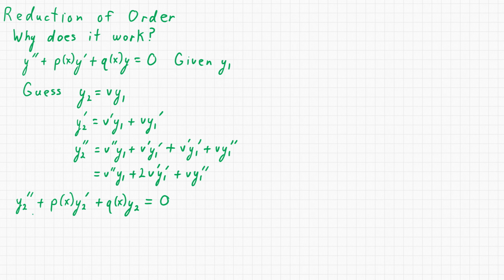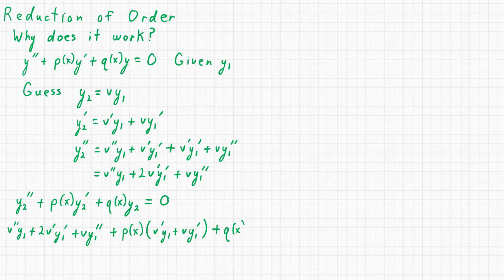So then we get to plug in all the things for y2 here. y2 double prime was v double prime y1 plus 2 v prime y1 prime plus v y1 double prime. And I have my plus p of x times y2 prime, which is v prime y1 plus v y1 prime. Then I have my plus q of x times y2, which is just v times y1. And that all has to equal 0.